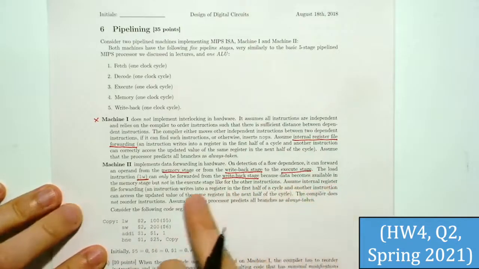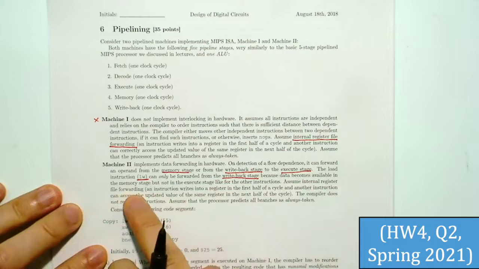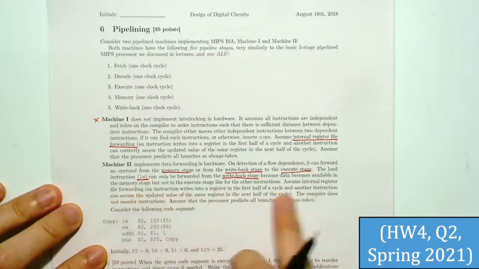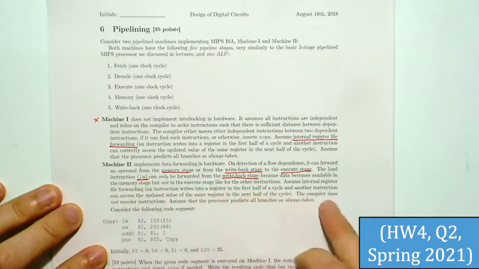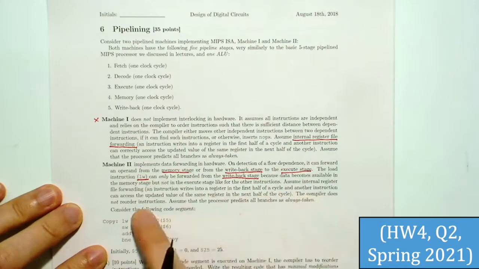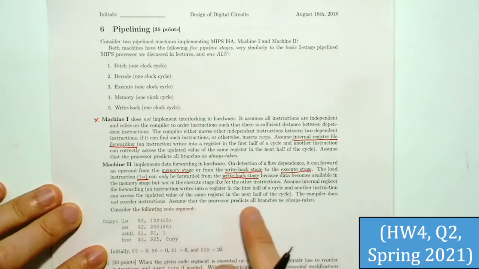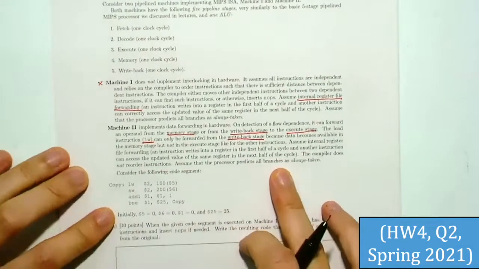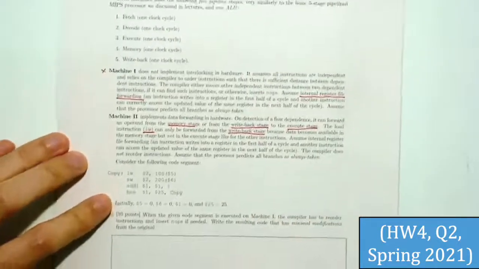So assume internal register file forwarding, the same as in the previous machine. The compiler does not reorder instructions in this case, and assume that the processor predicts all branches as always taken. Okay, we have this piece of code.